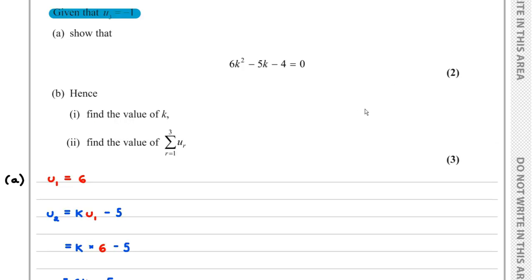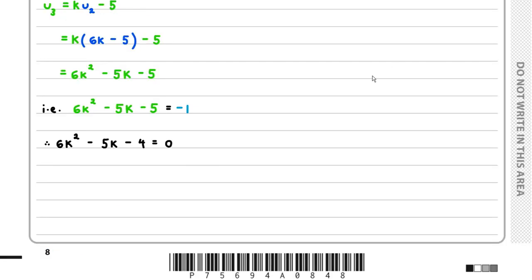For the first part of part B, hence find the value of k. We are required to solve the equation 6k squared subtract 5k subtract 4 equals 0.